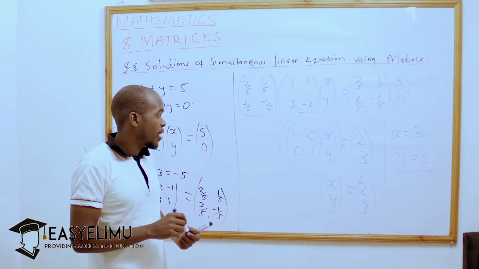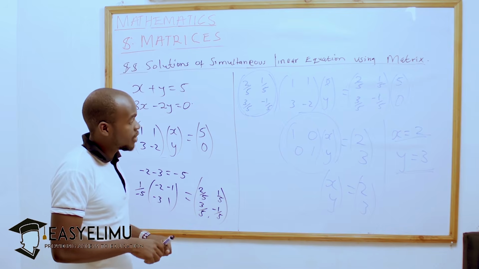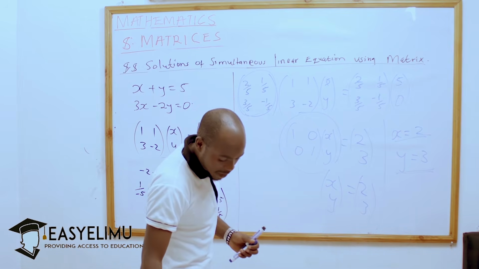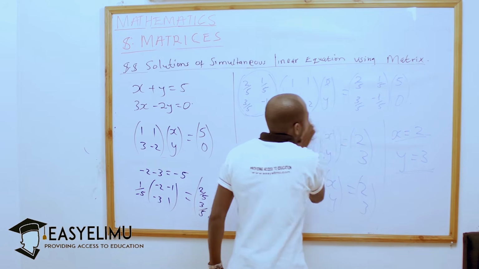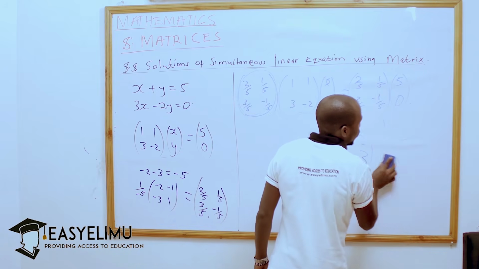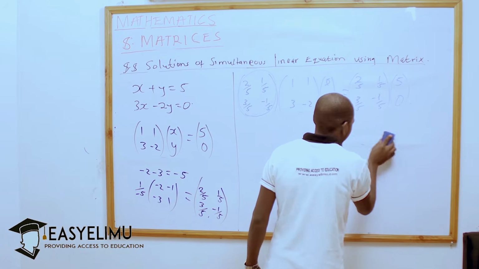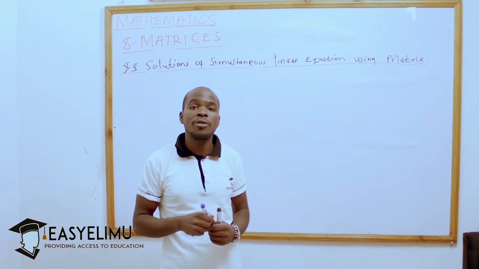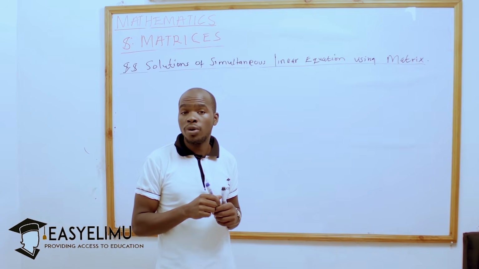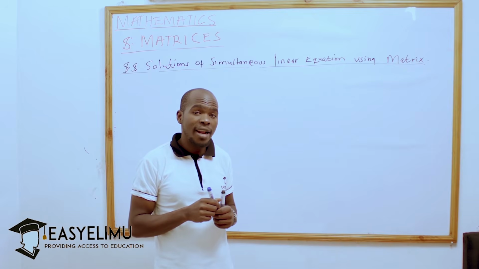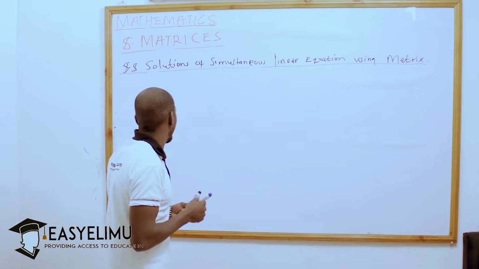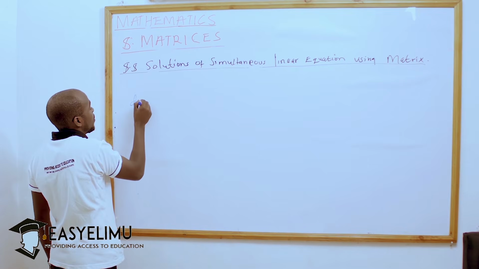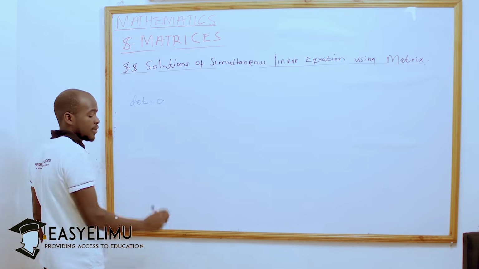We have seen how it works, but sometimes you will find that the determinant of the matrix of coefficients is not equal to 1 or negative 1 and above, but is equal to 0, such that the determinant of the matrix of coefficients equals 0.